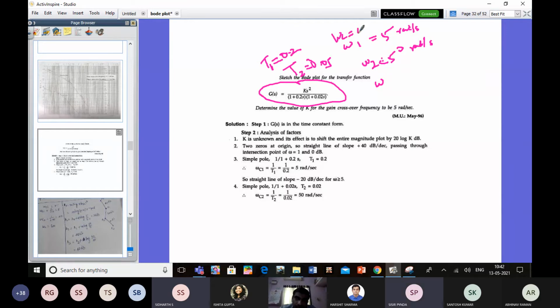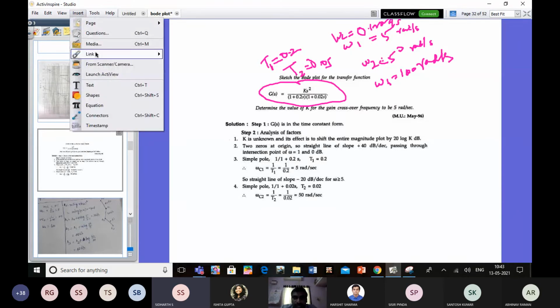It is 0.1 radians per second. Next, omega H is 100 radians per second. Okay, dear. Next, what we have to do? So we'll find the amplitude points.